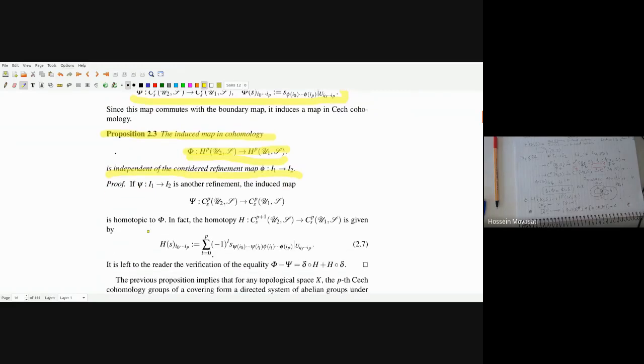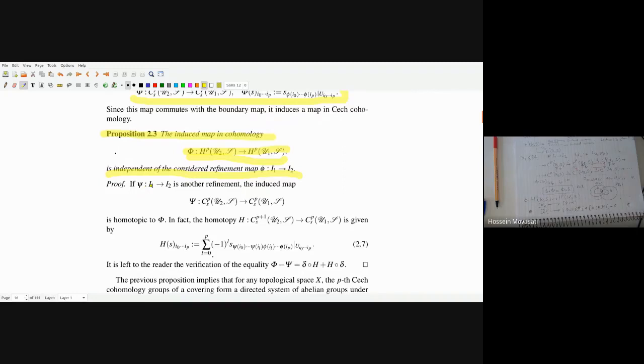So this means that I can choose this phi in many different ways. And so the proposition tells us that this is independent of this phi, and the proof is a good exercise to understand this algebraic homotopy theory. I found it interesting to mention it during the course.